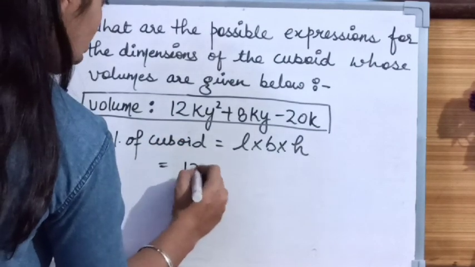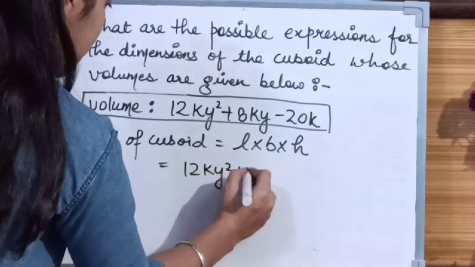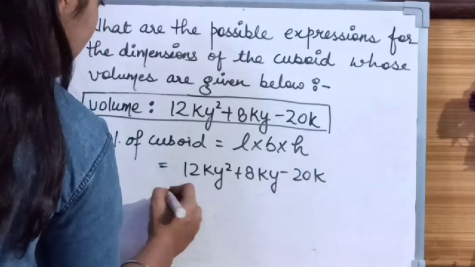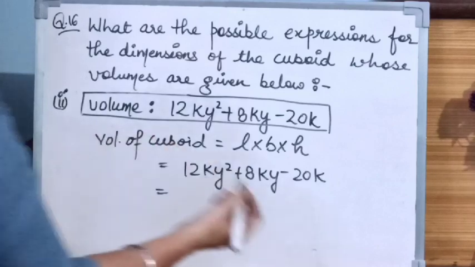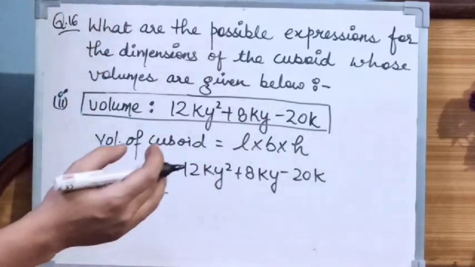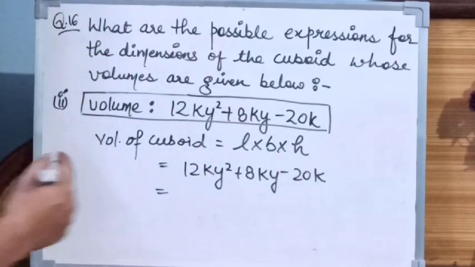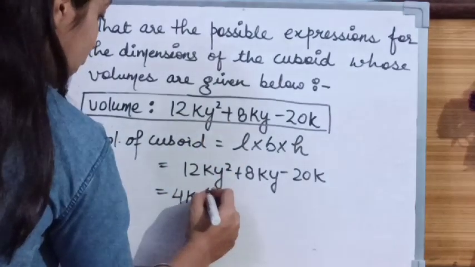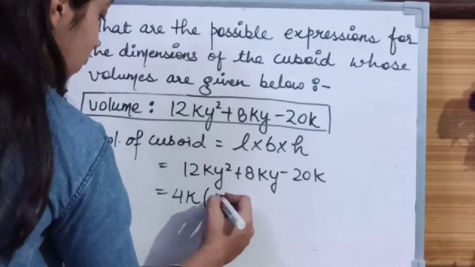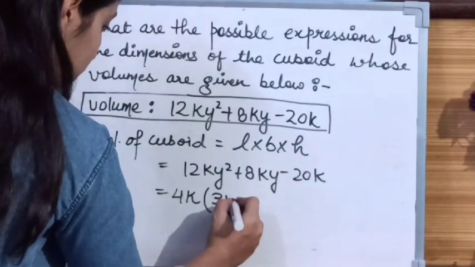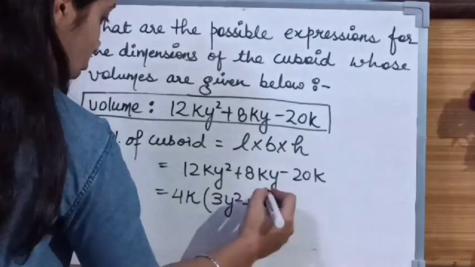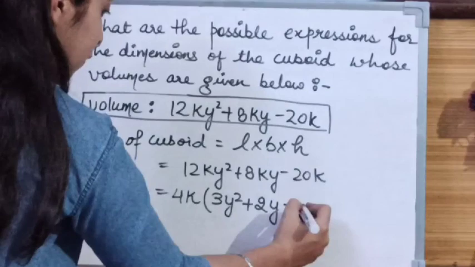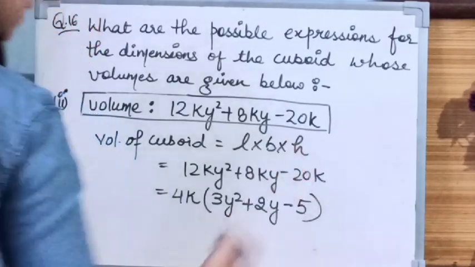So 12ky square plus 8ky minus 20k, and we can take common 4 along with the k. If we take 4 common, 4 times 3 is 12, 3y square, plus 4 times 2 is 8, 2y, and minus 4 times 5 is 20, and then that's it.